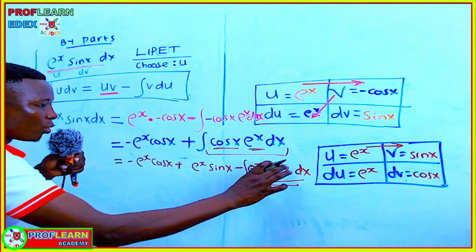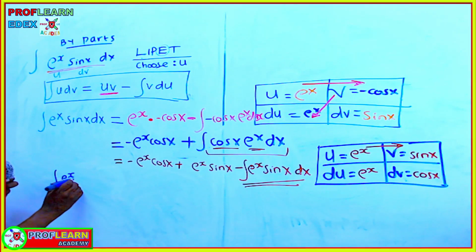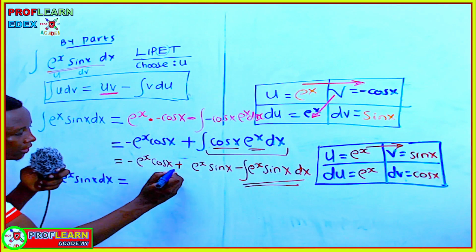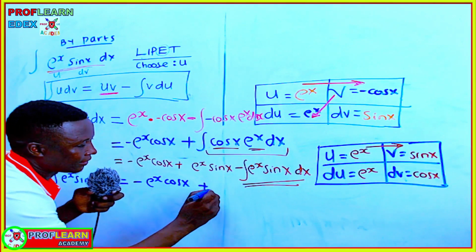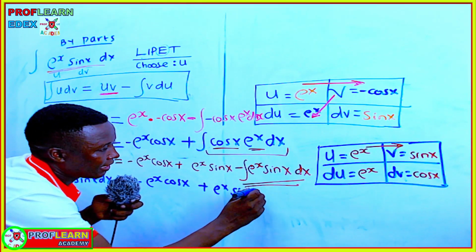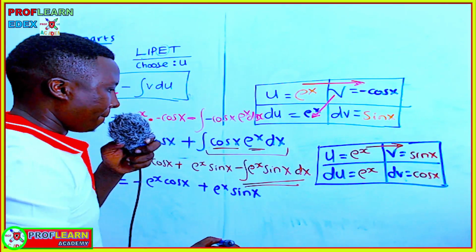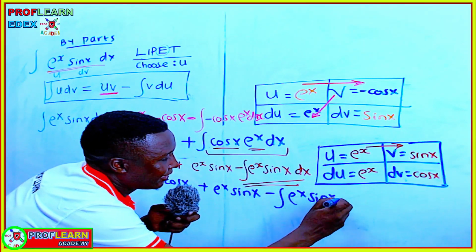So at that given point, we are going to say this integral can be written as, let me just write it here, the integral that we started with, e to the x sine x with respect to x, is equal to negative e to the x cos x plus e to the x sine x, then minus the integral of e to the x sine x dx.